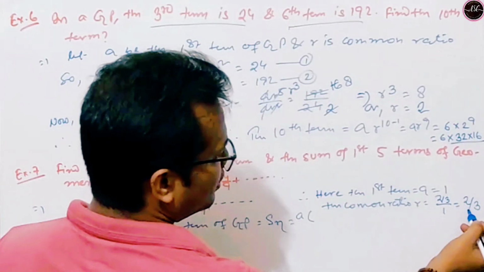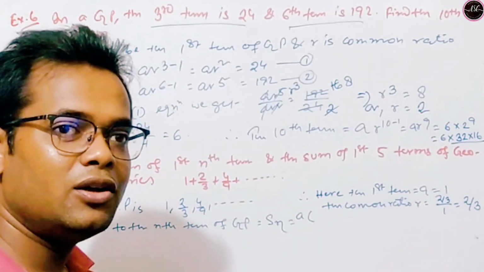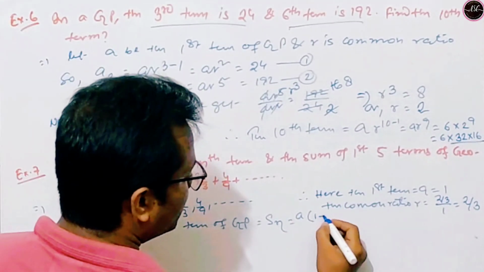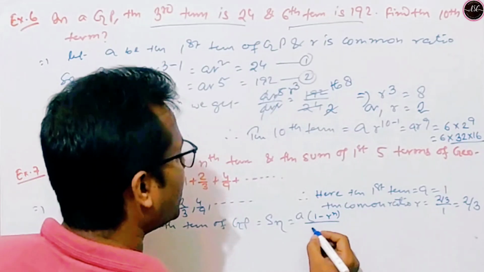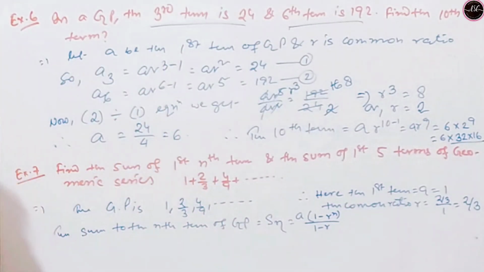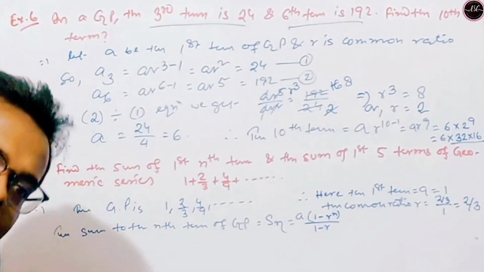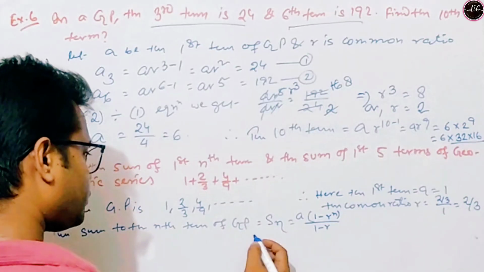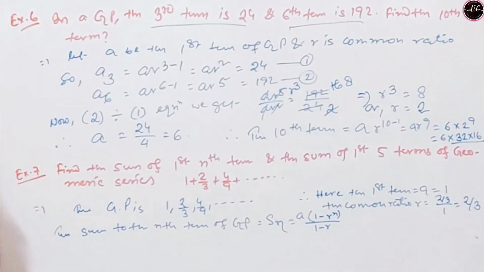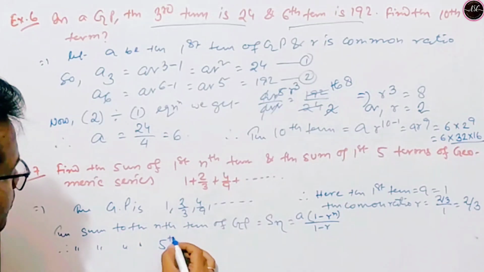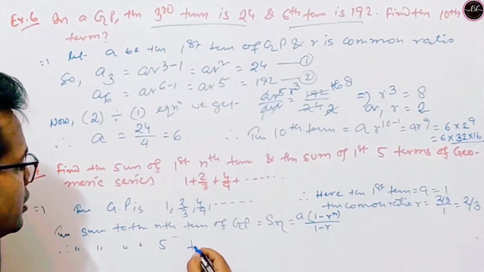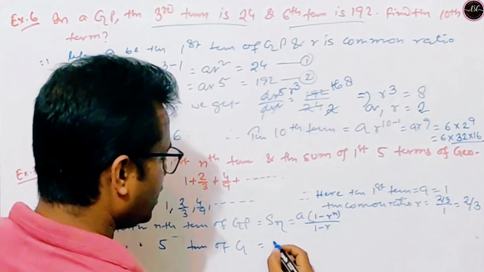Just see, r equals 2 by 3, that means less than 1. So 1 minus r to the power n divided by 1 minus r. That formula will be applicable here.